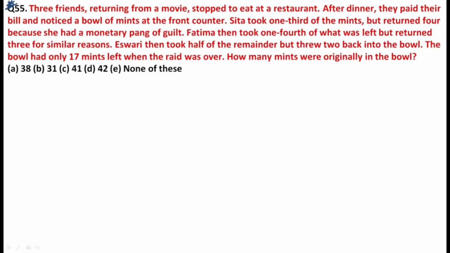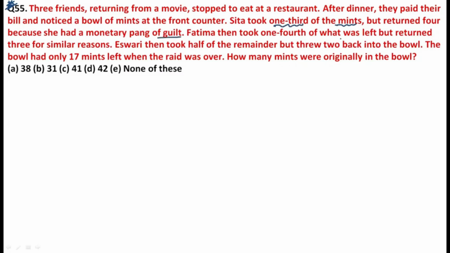Three friends are returning from a movie and stop to eat at a restaurant. After dinner, they paid their bill and noticed a bowl of mints at the front counter. Sita took one third of the mints, but returned four because she had a moment of guilt.